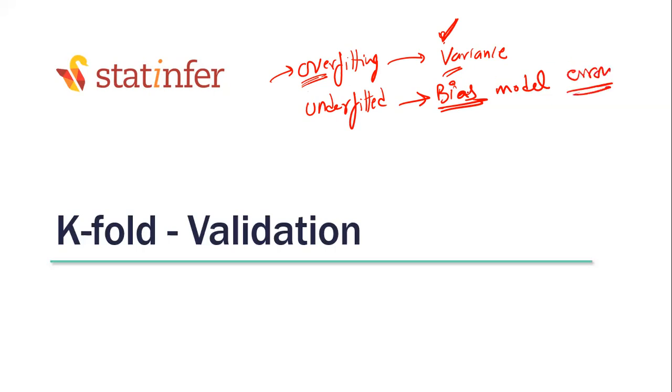So if somebody says this model is biased, that means it is an underfitted model. If somebody says this model has variance, it means it's an overfitted model. It's just different terminology rather than different concepts. So a variance model means an overfitted model. A model with bias means an underfitted model. That's it. There is no real concept behind bias and variance. It's just a name.